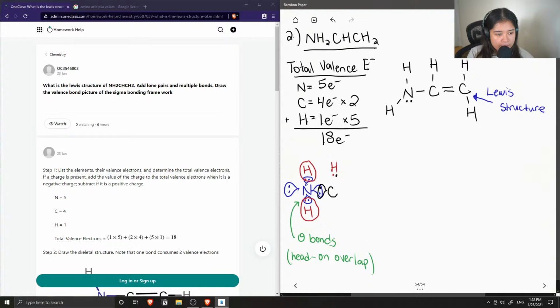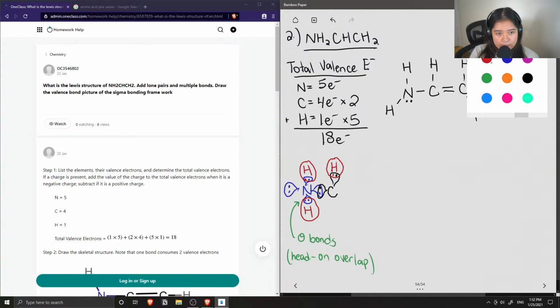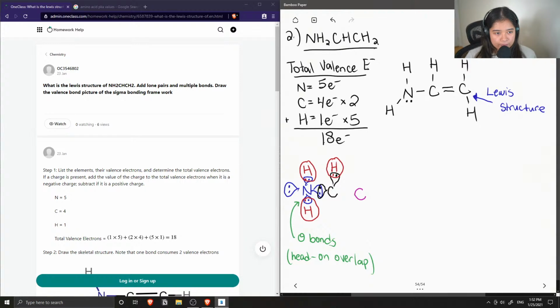And there's another sigma bond between the carbon and the hydrogen. And we have another carbon beside it. So let's do it in this purple color. And notice that there is a double bond.